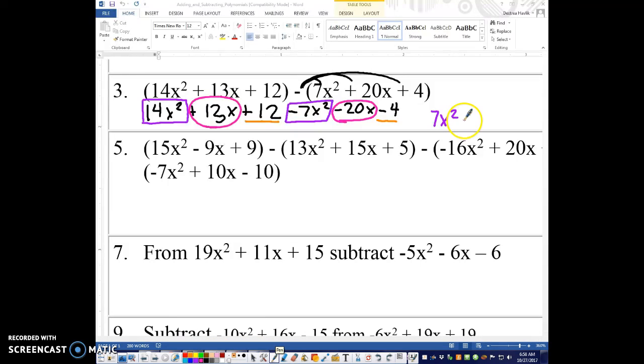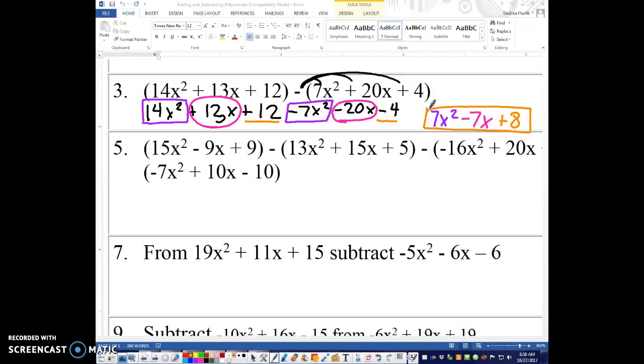So that's minus 7x. Okay, and then 12 minus 4 is 8. That's your answer. Okay? You are only combining like terms. It's in the name. Combine like terms. If they're alike, you're going to combine them together.